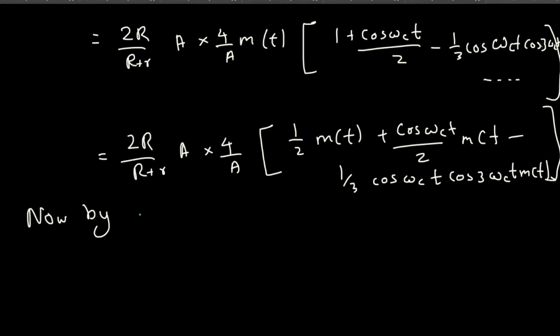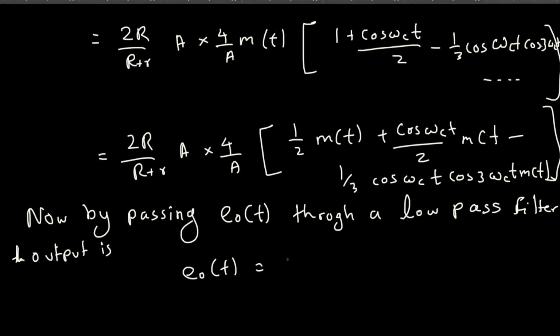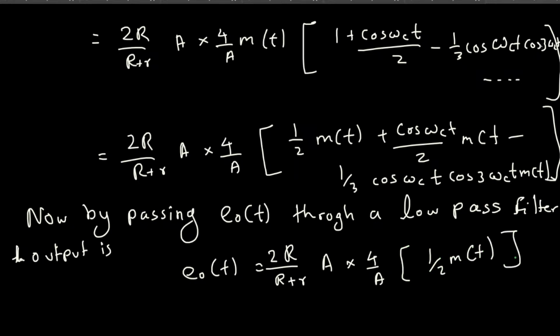Now by passing E naught of t through a low pass filter, the output E naught of t is equal to 2R over R plus R times A times half m of t, and all the other parts will be gone.